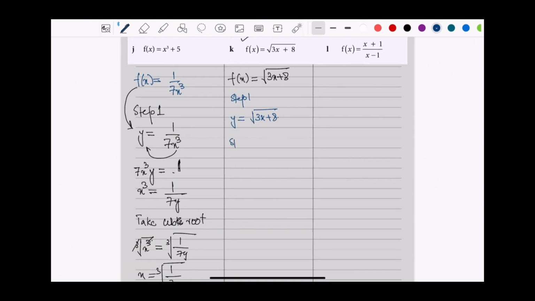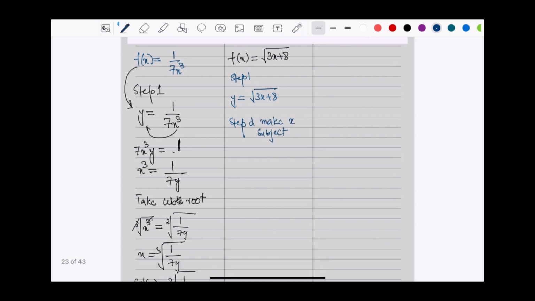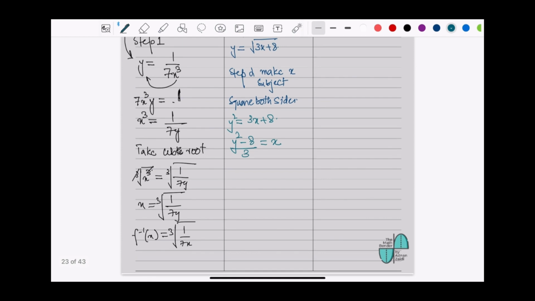Now step 2, make x the subject. So squaring both sides, this will become y squared is equal to 3x plus 8. And y squared minus 8 over 3 is going to be x.